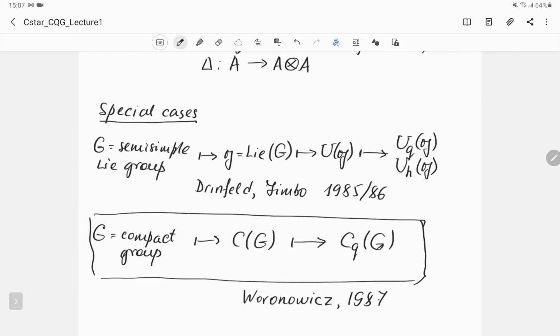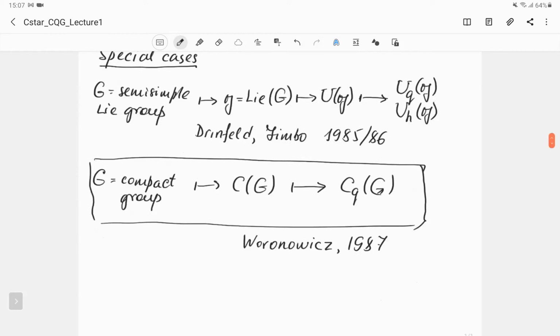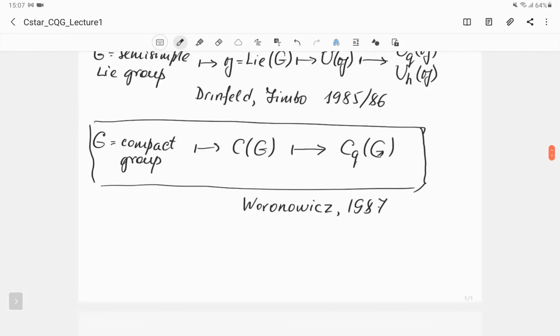These two approaches, the approach of Drinfeld and Jimbo and Woronowicz's approach, seem quite different from each other, but in fact they are closely related. Let me briefly explain the relation between these two approaches.